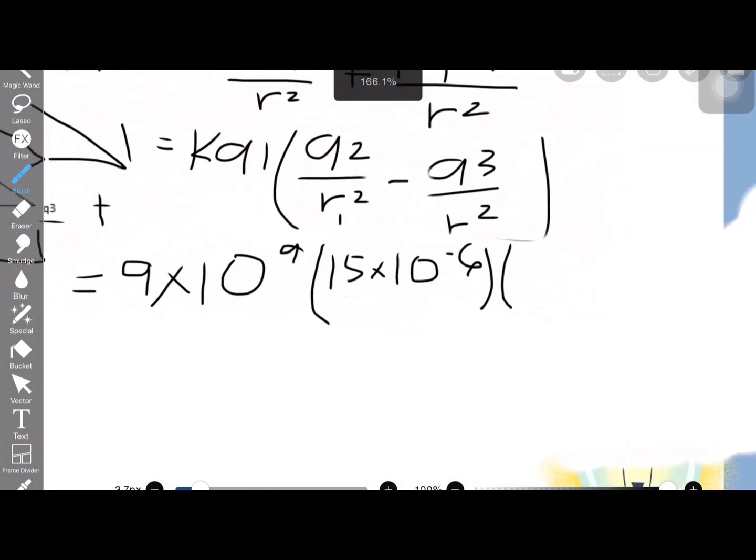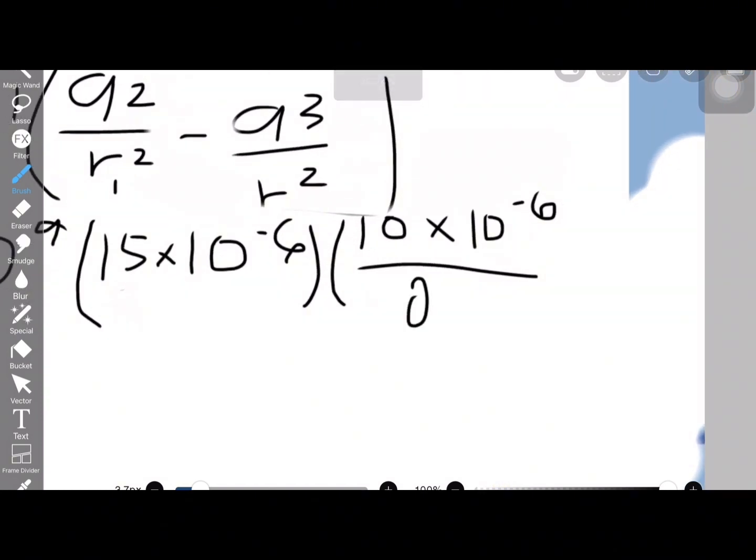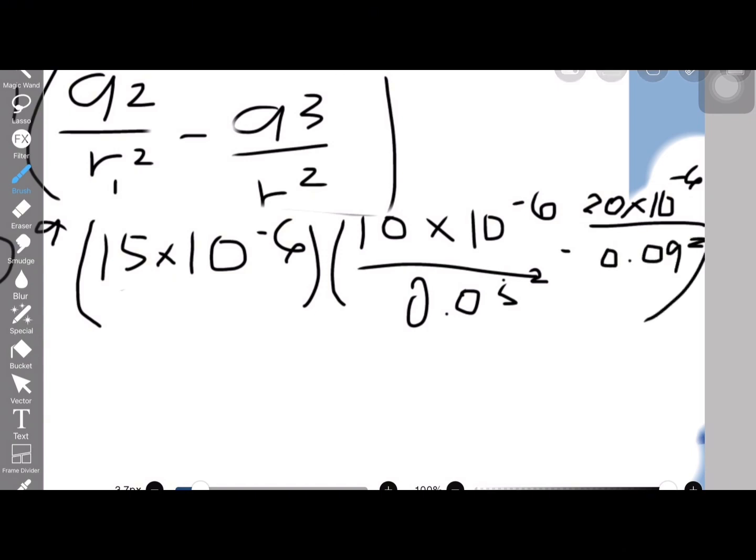So Q2, so we have 10 times 10 to the negative 6 all over 0.05 squared. Okay, this is gonna be hard, but 20 times 10 to the negative 6 all over 0.09 squared.